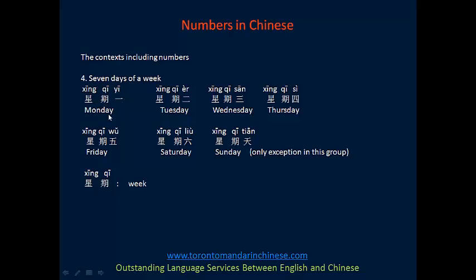It means Monday. 星期二 Tuesday. 星期三 Wednesday. 星期四 Thursday. 星期五 Friday. 星期六 Saturday. 星期天 Sunday. This is the only exception in this group. There's no number in this phrase. 星期 means week.